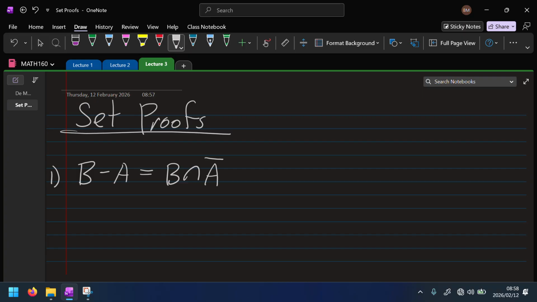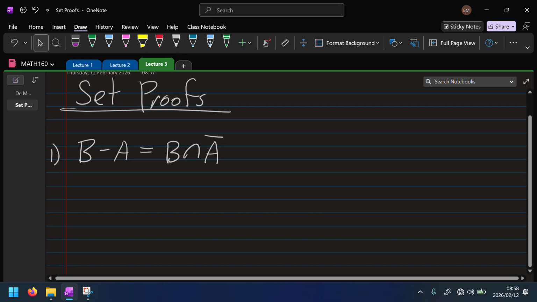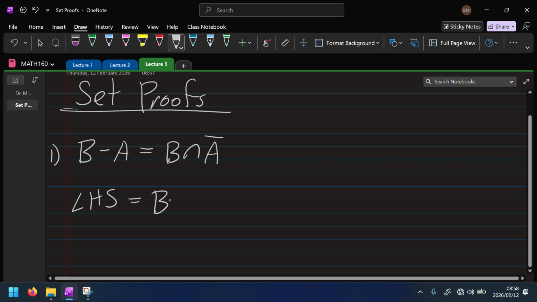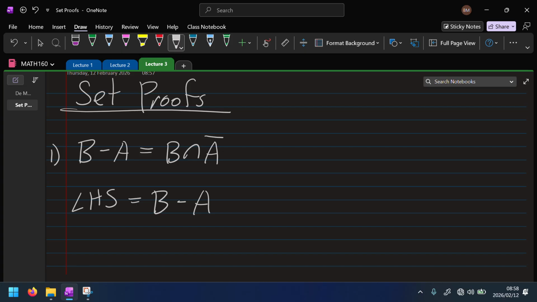Okay. So let's start with the left-hand side, see what we can do. Okay, so we start with that. Now, what we're going to do is expand this out using that definition. Remember, this is just the symbol for the set builder notation.